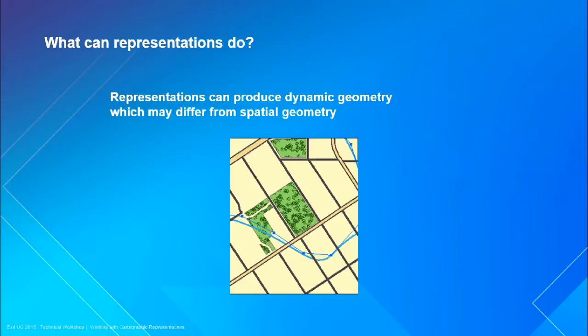Now, what that means is the thin line you see for the waterway here, that's the data that's stored in the line feature class. And it's a little bit too crude for this scale. Using representations and a smooth geometric effect, we can have a different appearance at draw time. So we're drawing a smoother line than we actually have in the data. So we haven't processed this, we're not storing that shape anywhere, it's just happening at draw and display time.